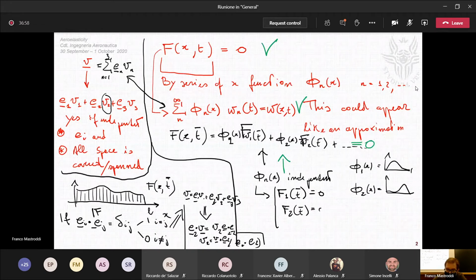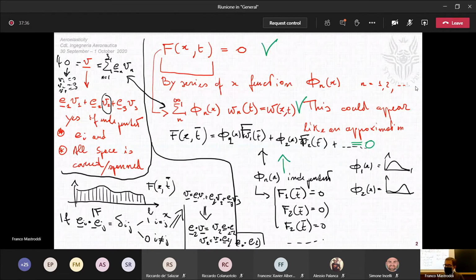This is an important point, guys. Again, let me repeat this point. If you have a vector on the left-hand side, and this vector is 0, if v is equal to 0, necessarily v1 is 0, v2 is 0, and v3 is 0. Why? Because your basis e1, e2, e3 is independent, and this is a necessary condition.